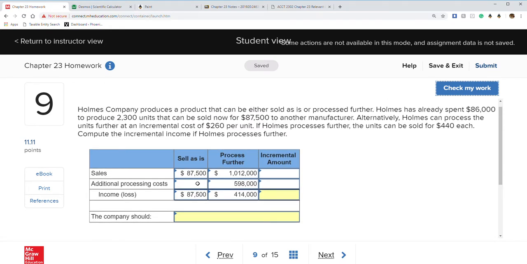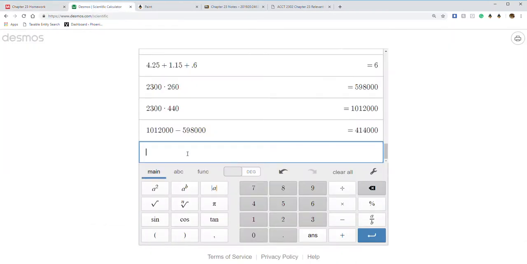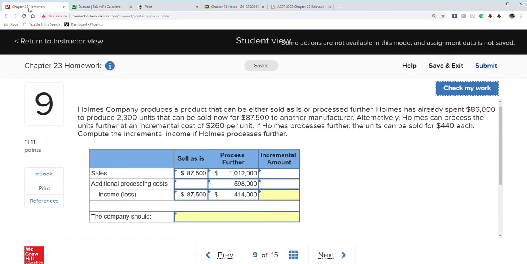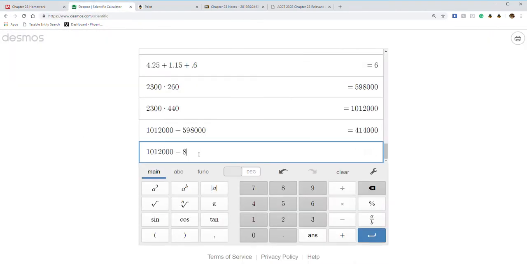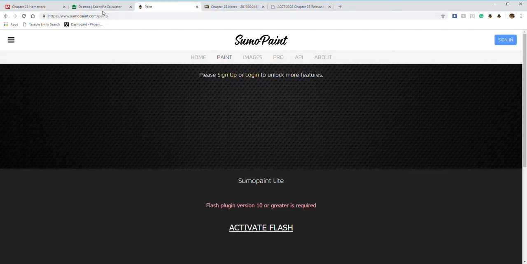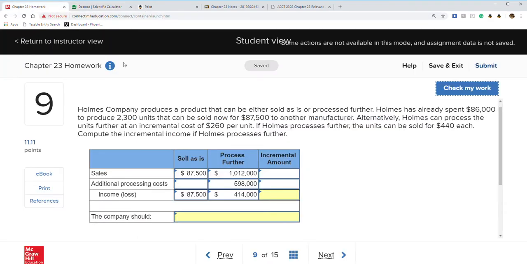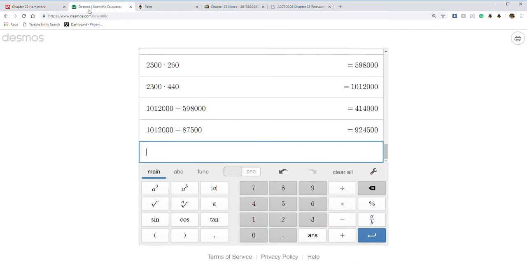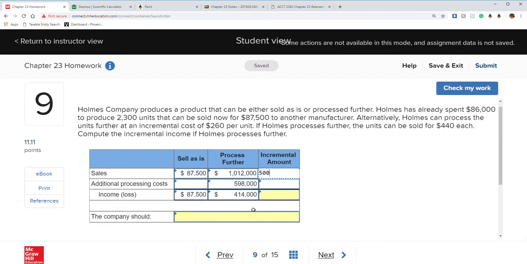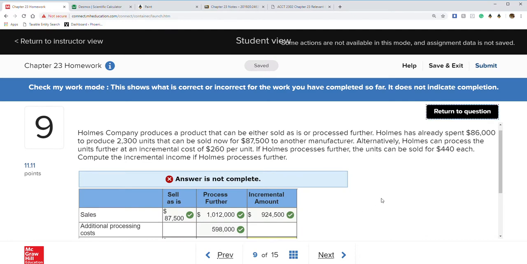Where Connect probably wants to do it is take 1,012,000 minus what we could sell as is, 87,500, which is 924,500. Let's see if this is the way Connect wants to do it. Check my work. Yep, that's exactly the way they want it.